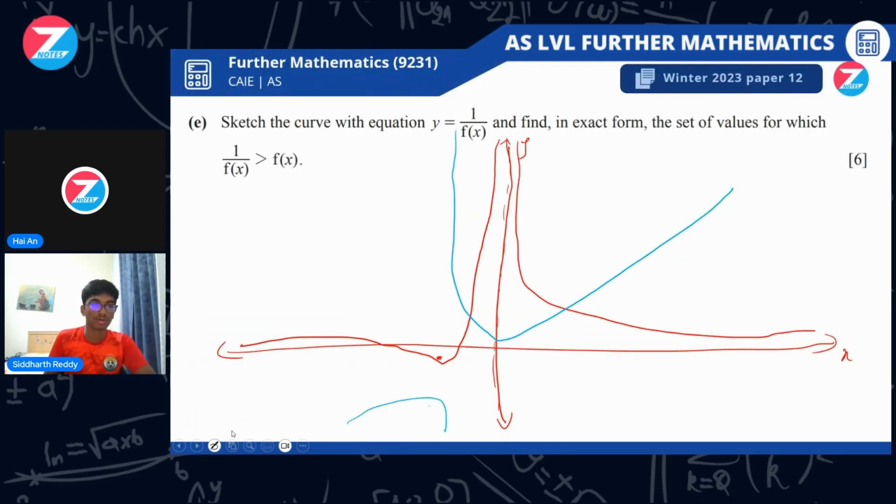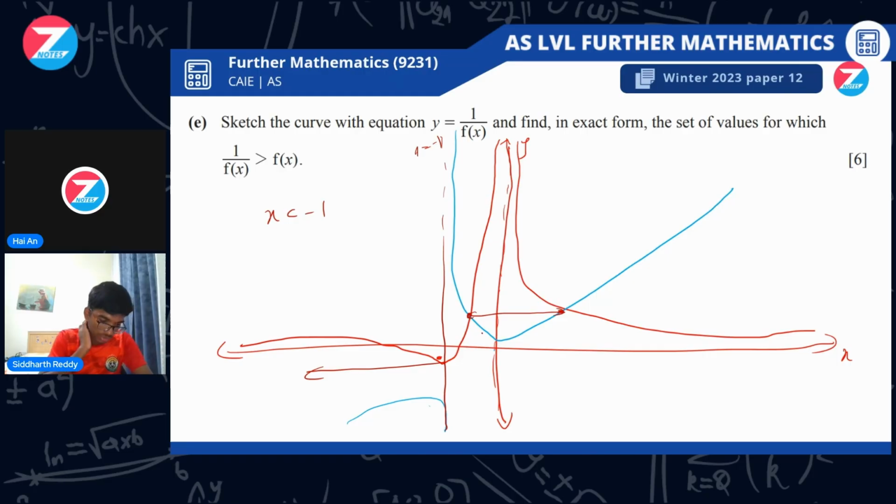So now it's a bit obvious to us that clearly in this region it's going to be greater, and also there was an asymptote here at x is equal to minus 1. Also in this region onwards, right? So one answer is obvious, one region is going to be x is less than minus 1, right?